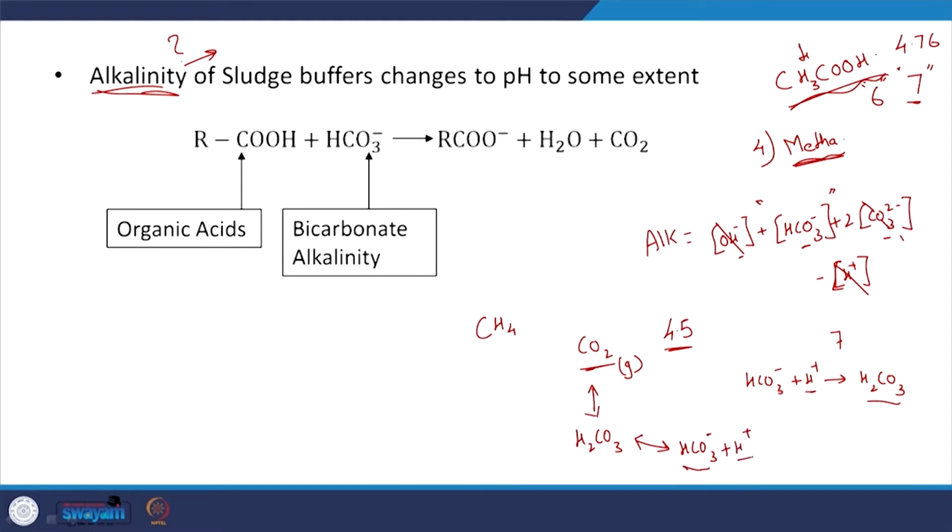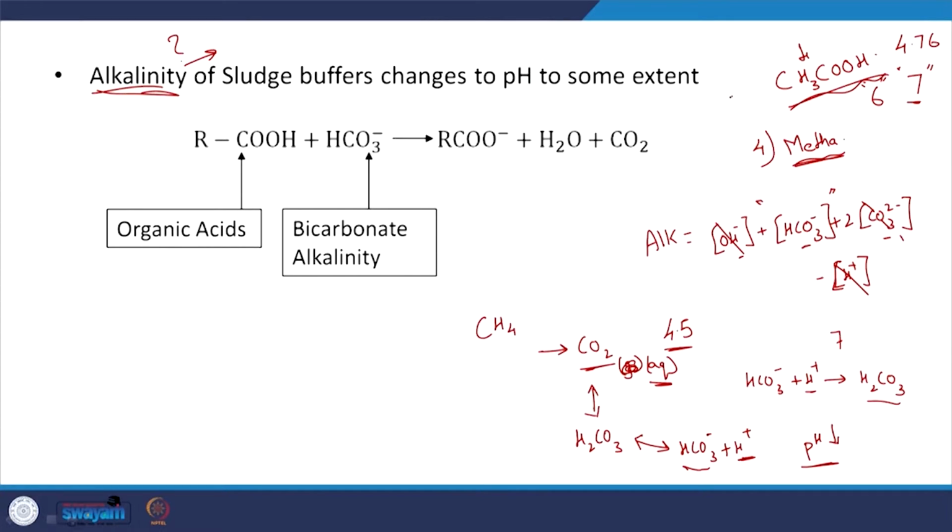So, by releasing the H plus again, due to the production of CO2 dissolved in the aqueous phase, you are going to bring about a decrease in the pH. So, these are the 2 ways that the pH can decrease.